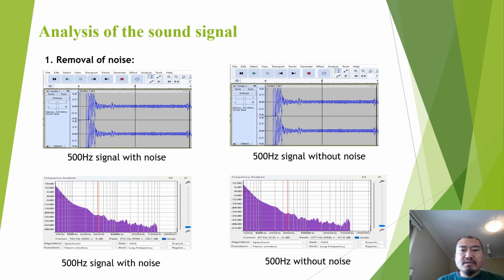So the analysis of the sound is done in different ways. Number one is removal of noise. For the signal in time domain as well as in the frequency domain, we have just shown here the 500 hertz signals, but the differences are not apparent because we are not able to see a lot of differences in the removal of the noises to the signals.